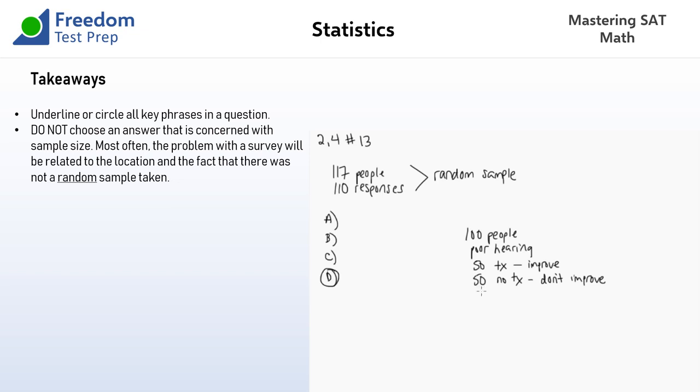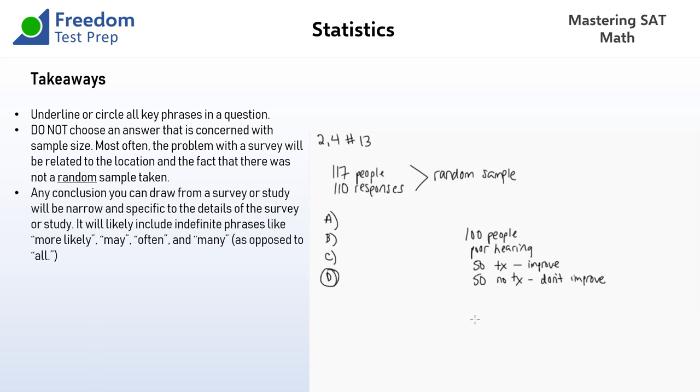So you have to make sure that the answer that you choose is completely relevant, and it's going to be a rather narrow conclusion. You certainly can't say that this treatment is going to improve the hearing of anybody who takes the treatment, because everybody who was surveyed or treated had poor hearing.